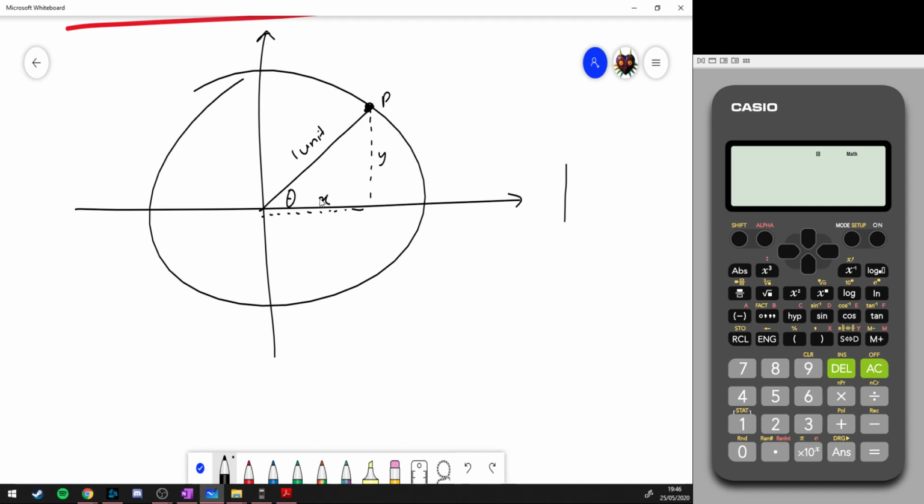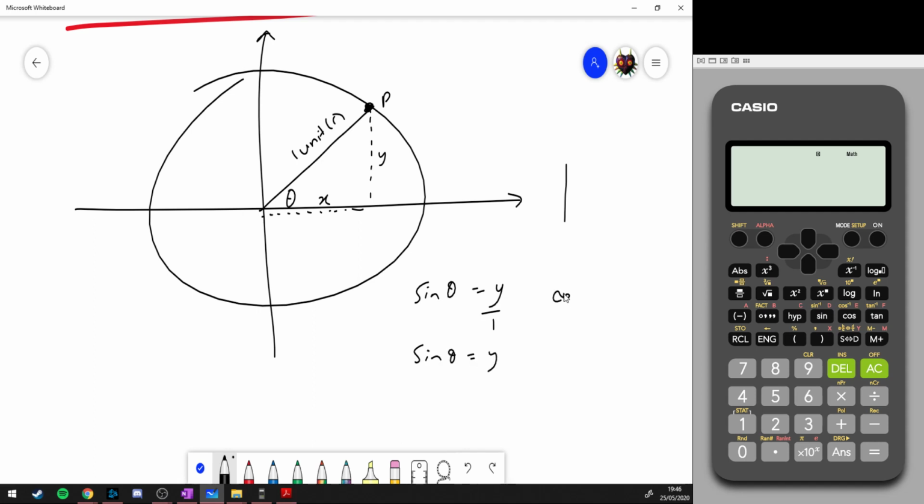And we're going to use trig. Okay, so my 1 unit, or r for my radius, as we remember, and we'll talk about r in a moment. So we'll just focus on the 1 unit for now. So sine of theta is equal to y over 1. So sine theta is just y.